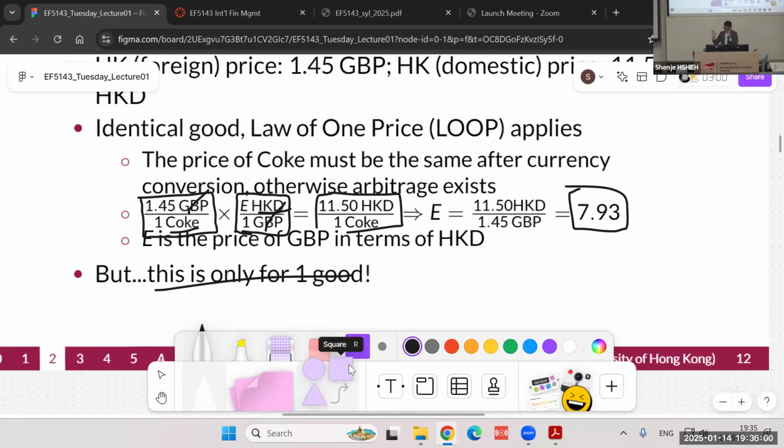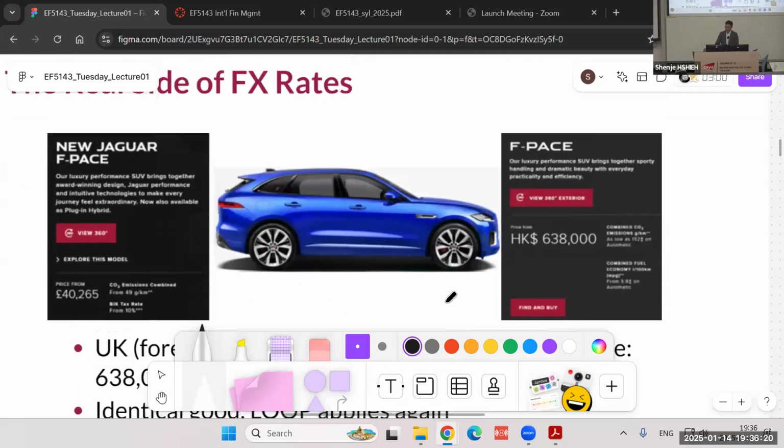The macroeconomy is massive. People's consumption baskets vary from country to country. People like to consume a lot of something here. I think Japanese food is really big here, but not so big in other countries. And so you should see obvious price differences between these preferences. So let me give you an example. Cars, right?